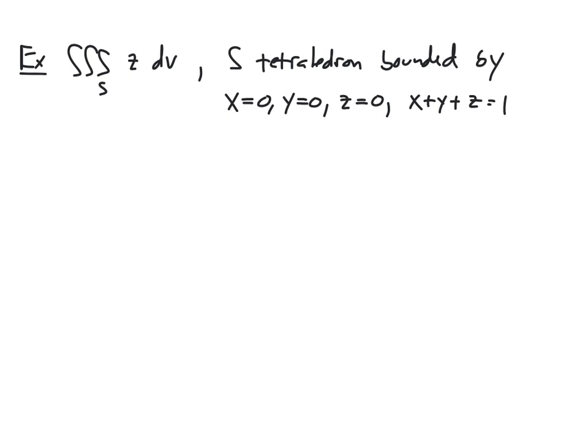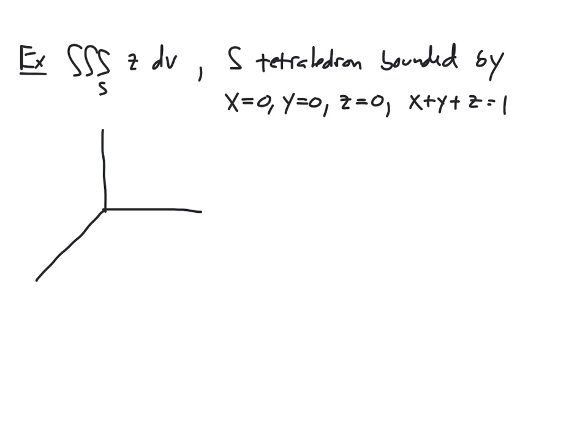So in order to do the strategy that we laid out a little bit ago, it is helpful to see what this solid looks like. The first three of the four planes are just the coordinate planes: the yz plane, the xz plane, and the xy plane.